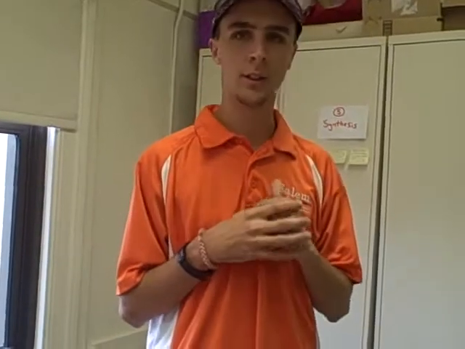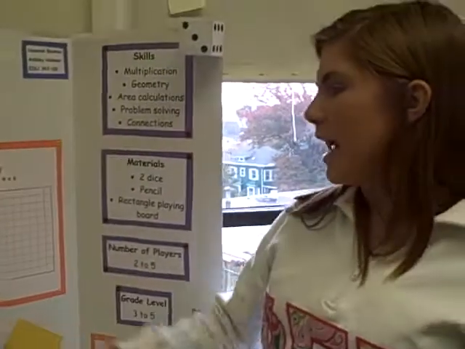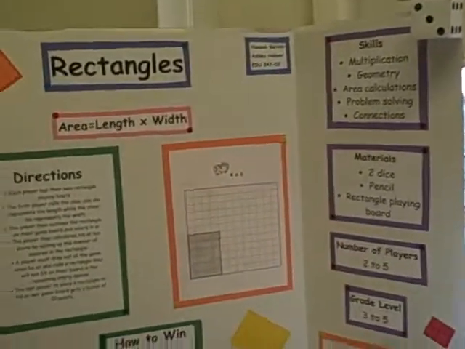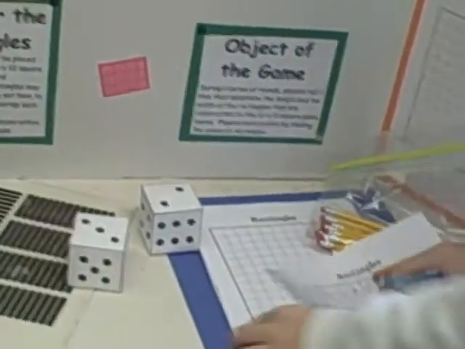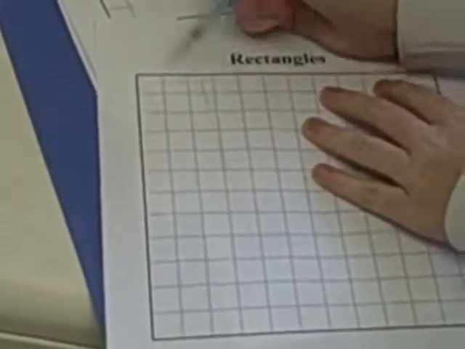So the object of the game is to fill the entire rectangle. You would play with 2 players, and the first player would roll the dice. Whoops. And you would get 3 and 2. So on your rectangle, you would fill in 3 over and 2 down.